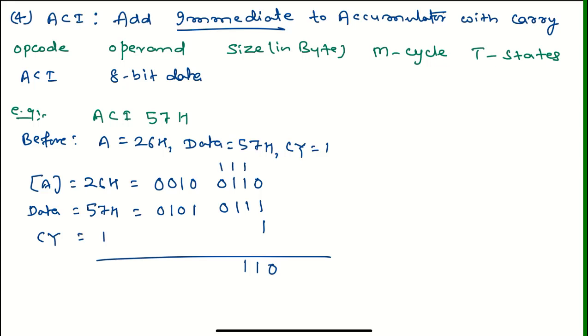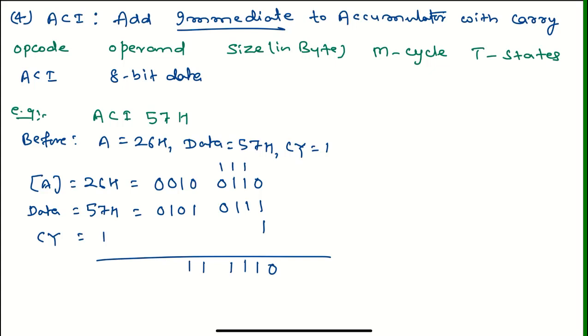So 1 plus 0, the result in this fourth stage as a sum will be 1 and carry will be 0. So in the next stage as a fifth stage 0 plus 1, sum will be 1 and carry will be 0. In the next stage 1 plus 0, sum will be 1, carry will be 0.